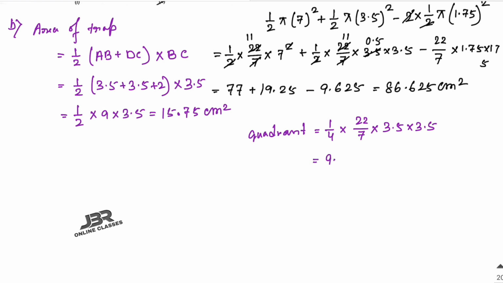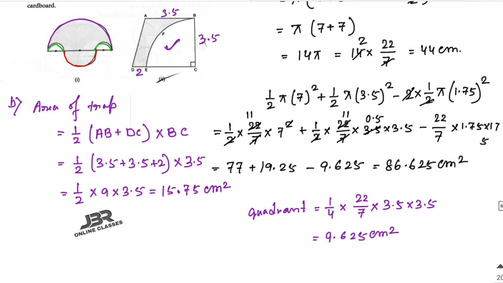So that means here 9.625 centimeter square. That is the area of the quadrant. Now if you want to find out the area of the shaded portion, that means you have to subtract 9.625 from the area of the trapezium. So 15.75 minus 9.625 centimeter square, that is your final answer, and it's 6.125 centimeter square.